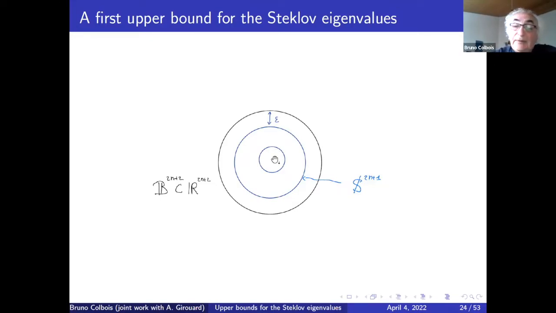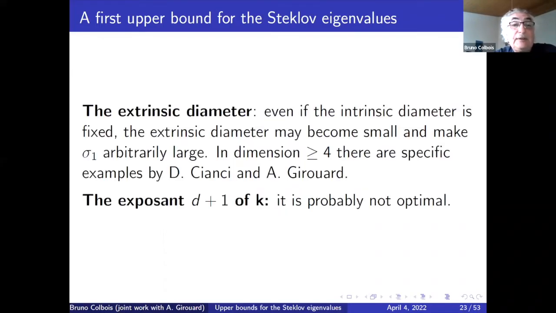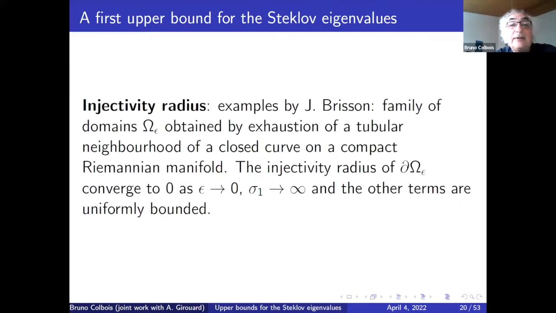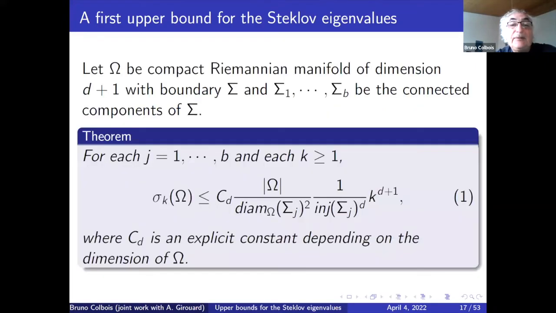And when you have this, it shows that, now if I come back to my inequality, you need also to have the extrinsic diameter, because the other eigenvalues are, yes, I didn't explain very well why.